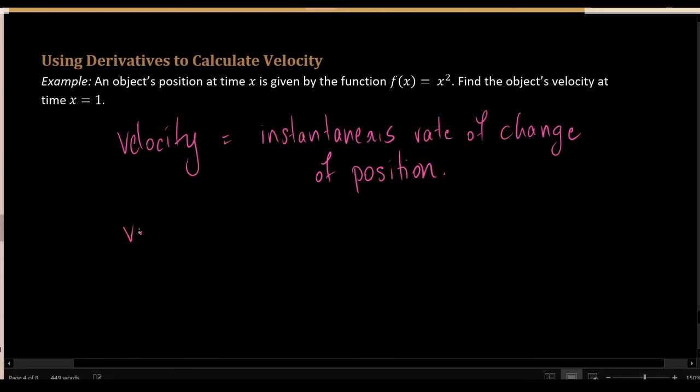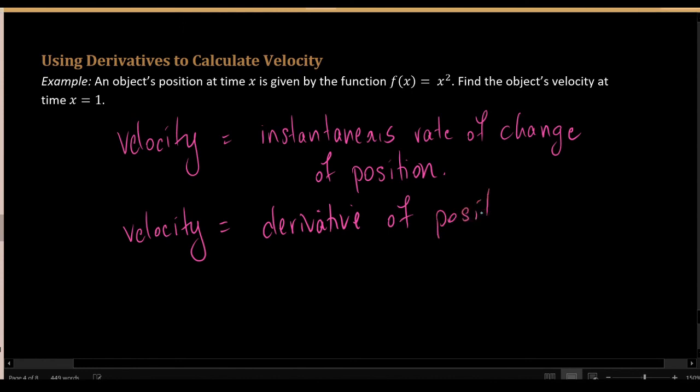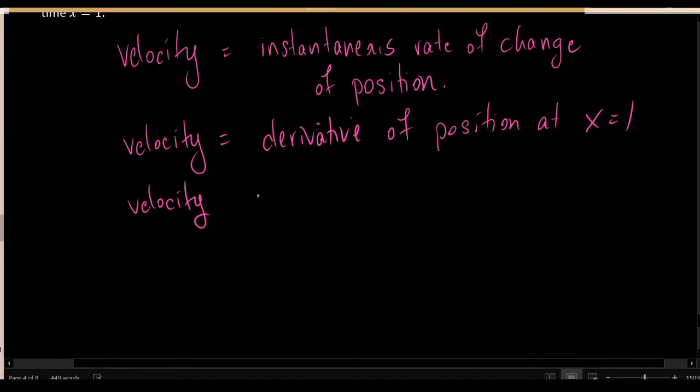So if I want the velocity, then I can calculate that by taking the derivative of the position function. In other words, if I want the velocity at time x equals 1, I can calculate what we called f prime of 1.